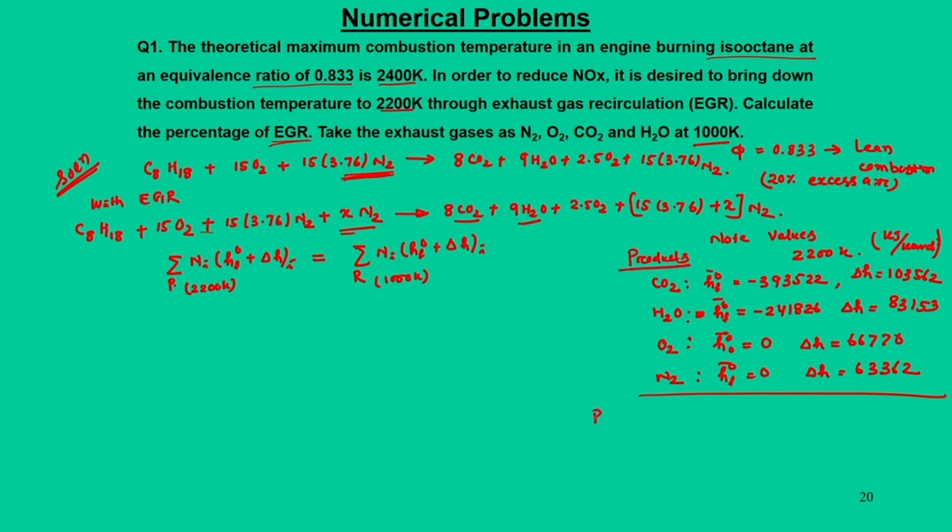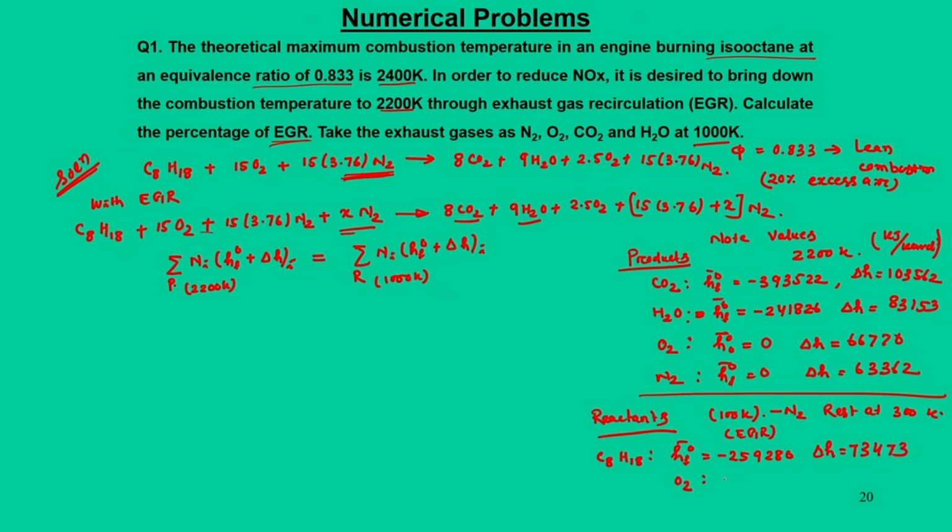For the reactants, we have to note down the value at 1000 Kelvin for N2 and the rest at 300 Kelvin. N2 at 1000 Kelvin means the EGR. So, noting the values: for C8H18, hf° is minus 259,280, delta h is 73,473.